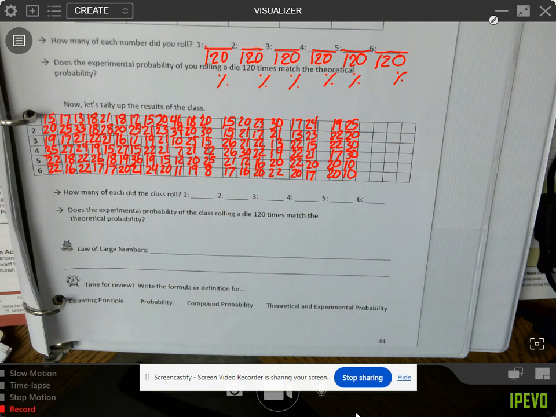I got 406. Raise your hand if you got 406. Okay. Some of us are still working on it, but that's okay.